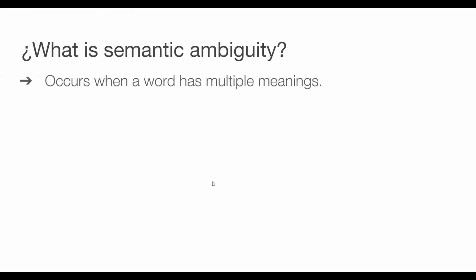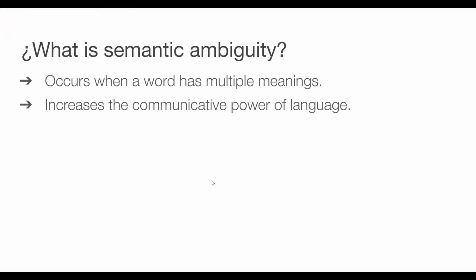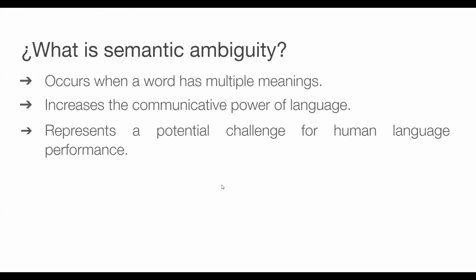It's an interesting phenomenon because on the one hand, it increases the communicative power of language, but at the same time, it may represent a potential challenge for human language, because each time we encounter an ambiguous word, we must decide which of the meanings is the correct one.